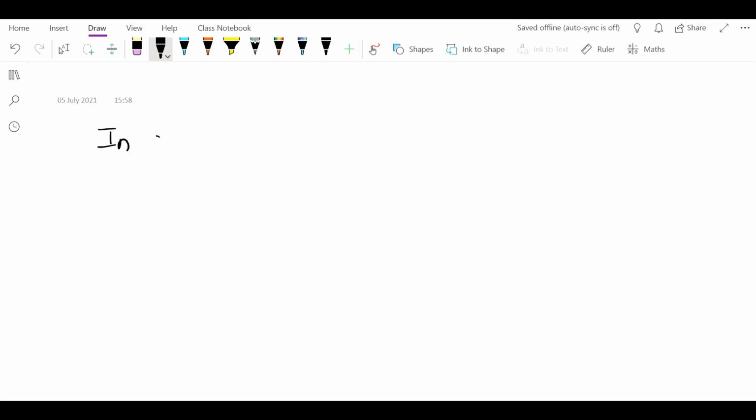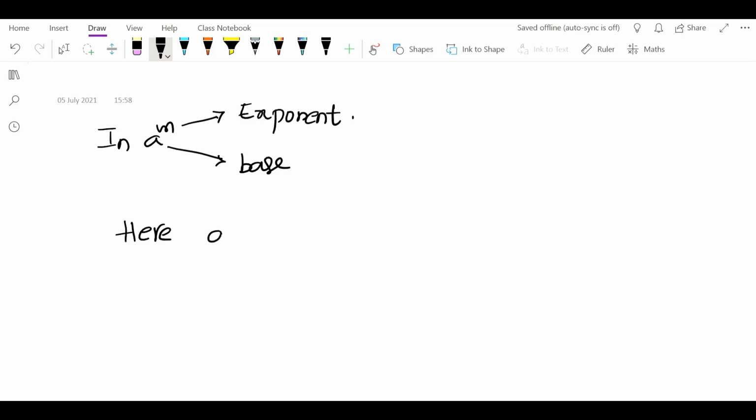In a to the power of m, a is called base, m is called exponent. Here, a is equal to base, m is equal to exponent.